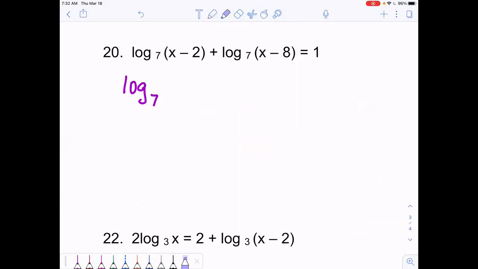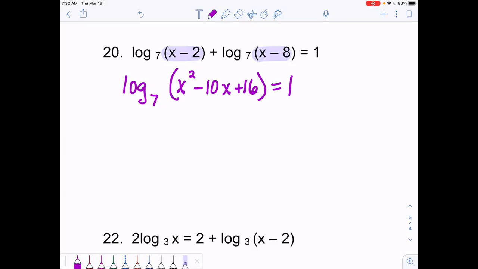You're multiplying x minus 2 and x minus 8 together. So that gives us x squared minus 10x plus 16. And it's equal to 1. So again, you're multiplying the expression or quantities that are after the individual logs to condense them, but the log base 7 doesn't go away.